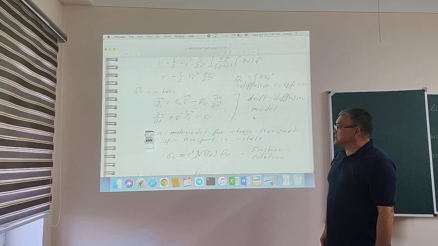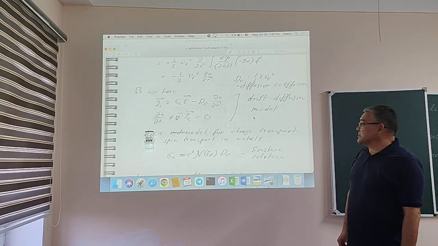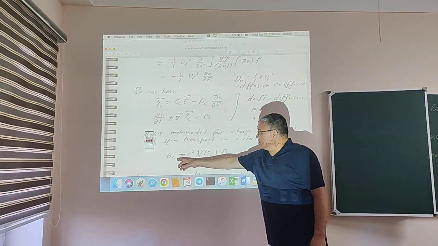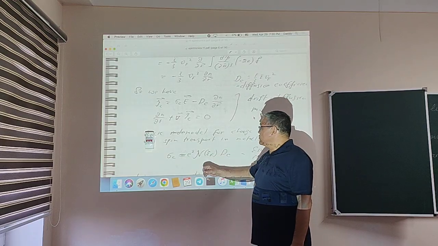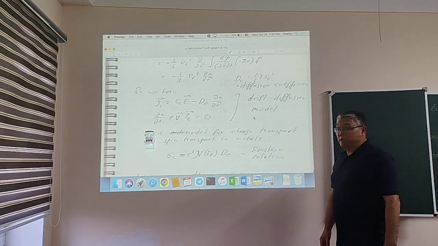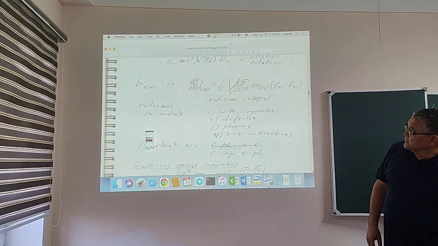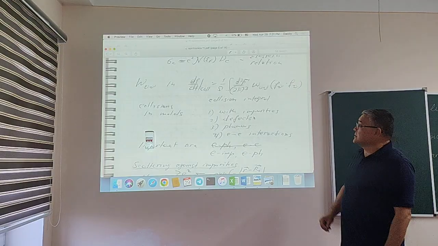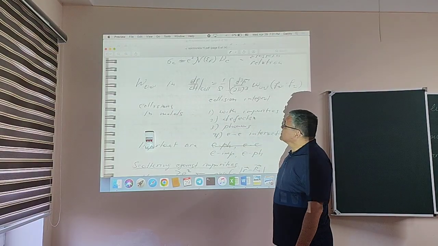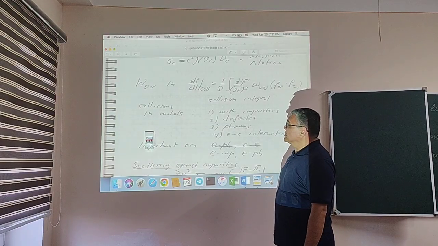Now let's look at the model for the charge transport and spin transport in metals. Here we can write down this relation for sigma c and dc, which is written with this expression, and it's called the Einstein relation. Now, we talked about the scattering matrix element, W, and we said that it depends on different kinds of collision in metals.